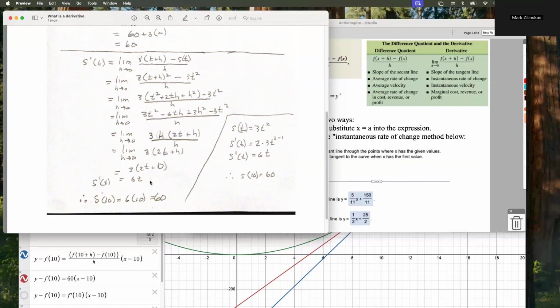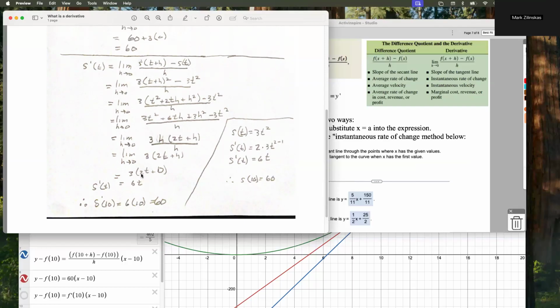But what I'm getting at here is, instead of getting this 6t going through all this limit business, we're going to find easier ways of evaluating limits using derivatives, and I'll do that next video. This is just kind of a sneak peek here. This is just a power function, and the rule is we take the exponent, multiply that times the base, so 3 times t squared, except I'm going to subtract 1 from my exponent.